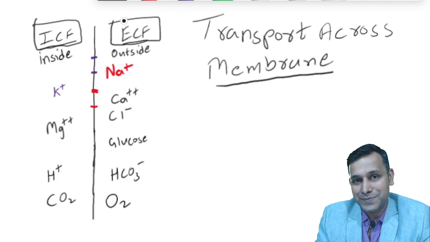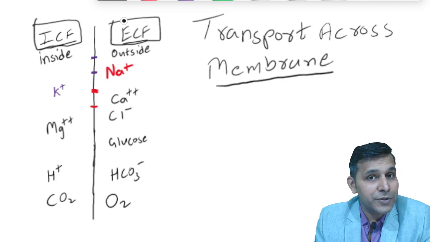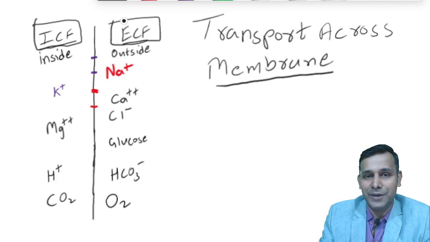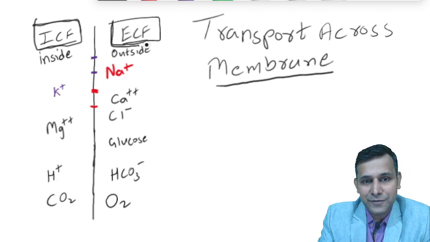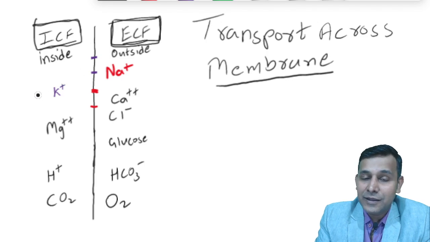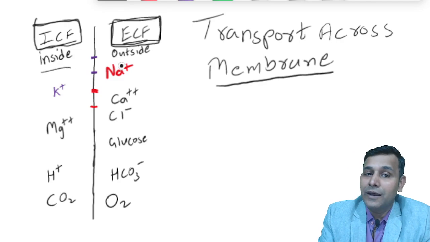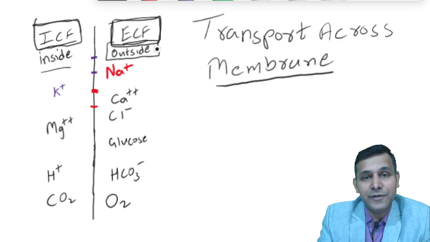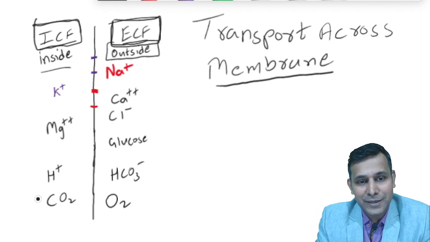So before going ahead, let us revise the distribution of substances across the cell membrane. We have two compartments, an ICF and an ECF. ICF is the intracellular fluid, inside the cell, and outside, that is ECF, is extracellular fluid.